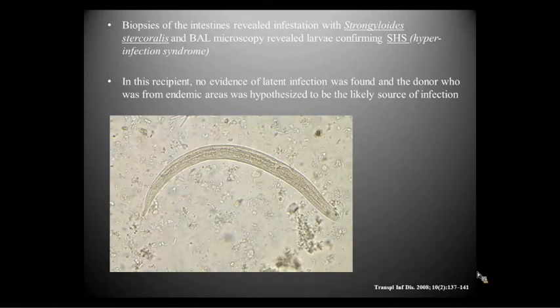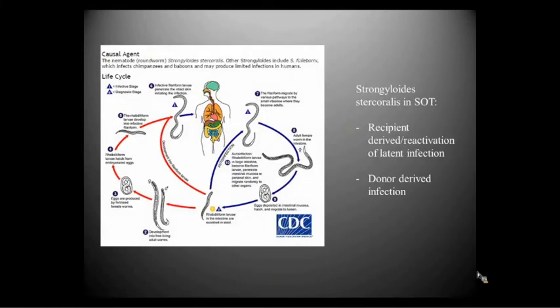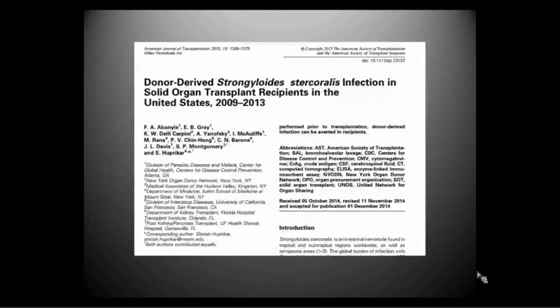But in this case, while we could not prove it, it was felt to be donor-derived because the patient himself truly had no risk factors whatsoever and had led a very protected existence. Strongyloides, as you know, establishes a cycle of autoinfection, so it can continue to auto-infect your body and reactivate in the setting of immune suppression.